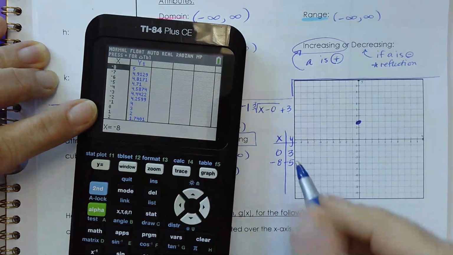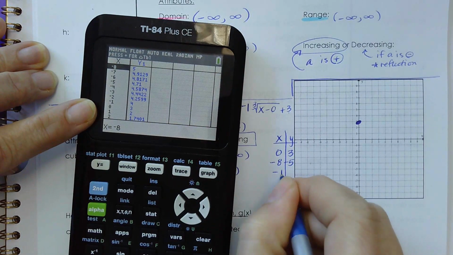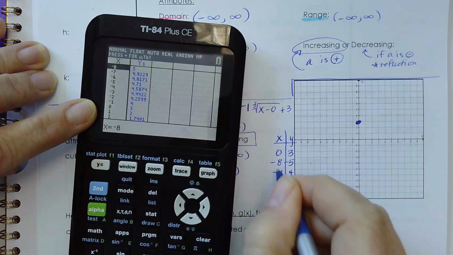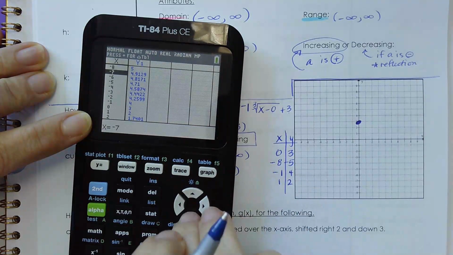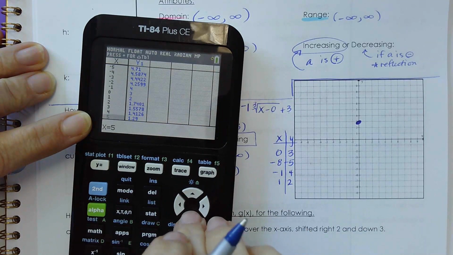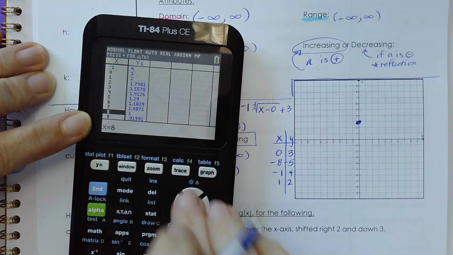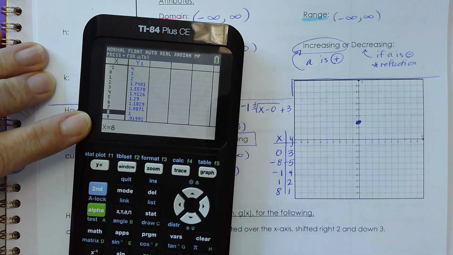I like to put as many points on here as I can. Oh, okay.